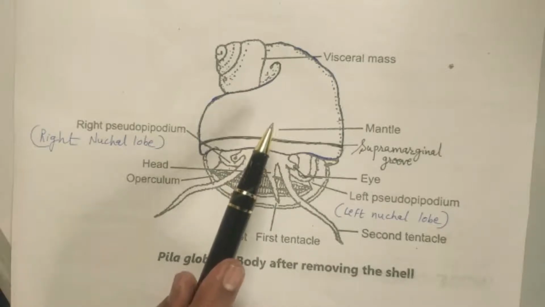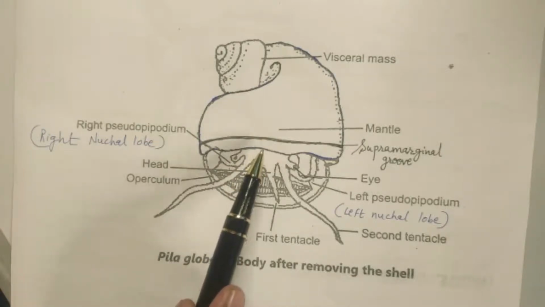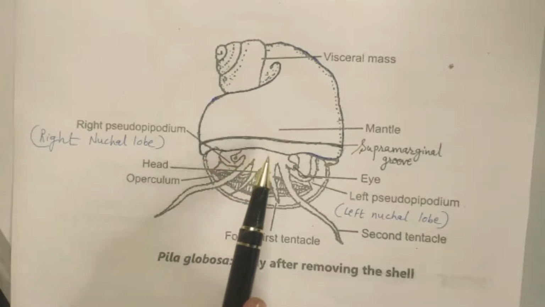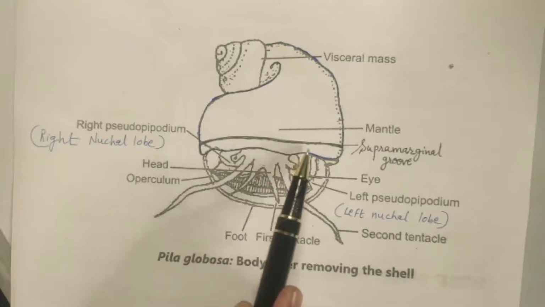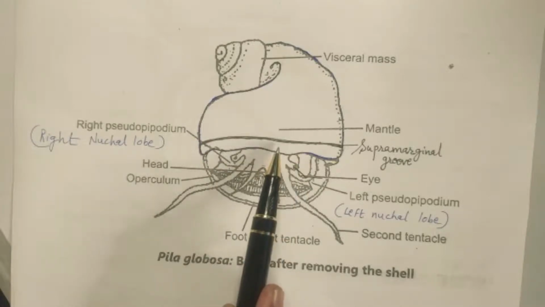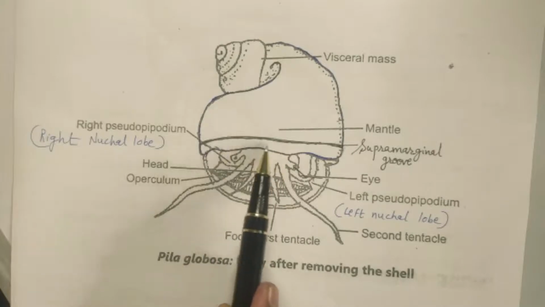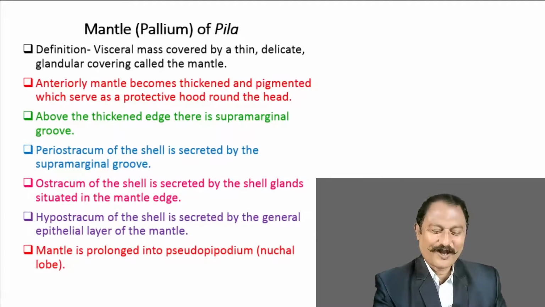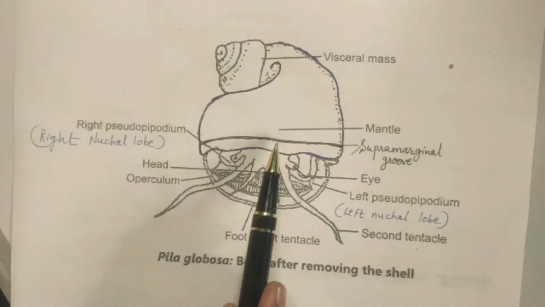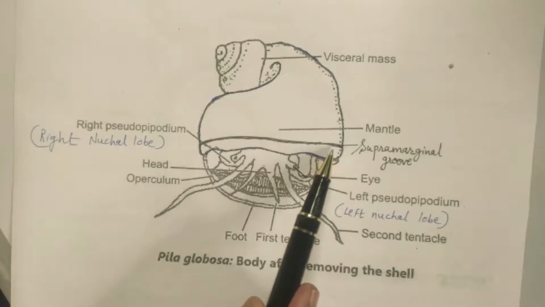This is the mantle. Anteriorly, this mantle becomes thickened at the anterior side. You know it very well that the head is situated at the anterior side. Means anteriorly this mantle becomes thickened and pigmented. It is dark colored, like our shirt collar, a dark colored part is there. We call it the supramarginal groove.